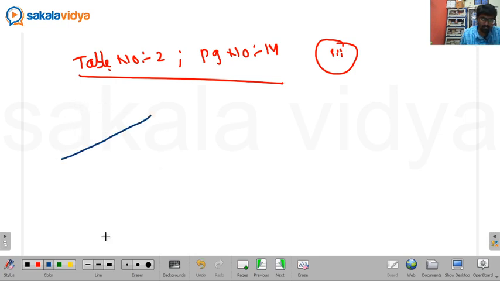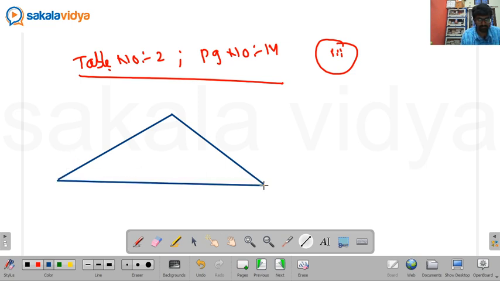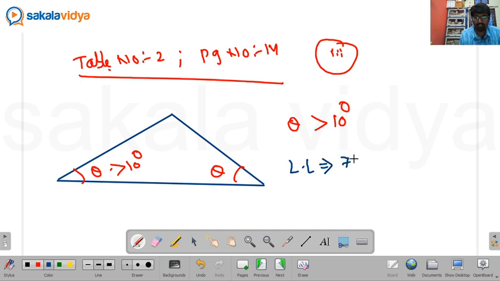For example, if the slope of a truss is greater than 10 degrees, then the formula to calculate live load is nothing but 750 minus theta minus 10 degrees into 20 Newton per meter square.